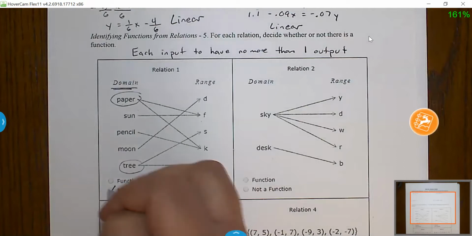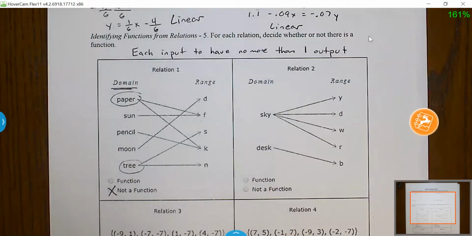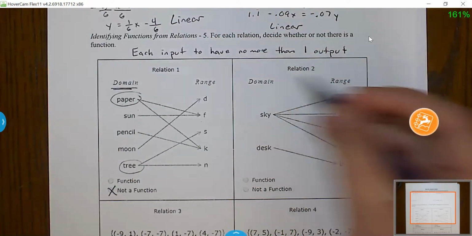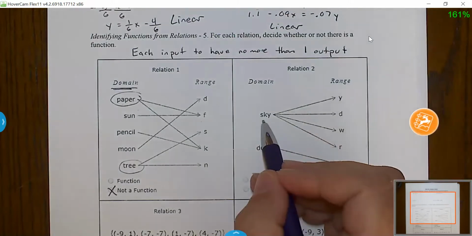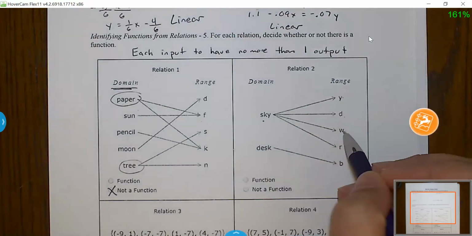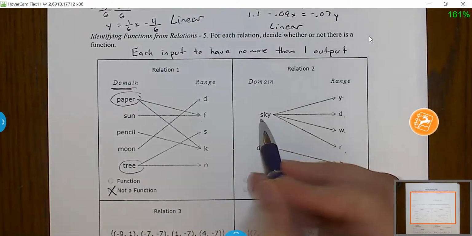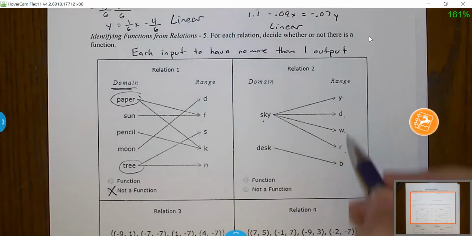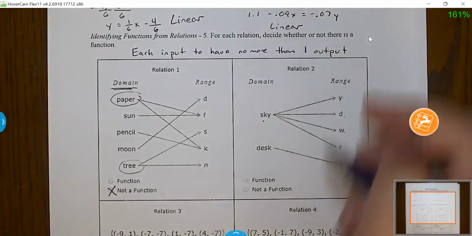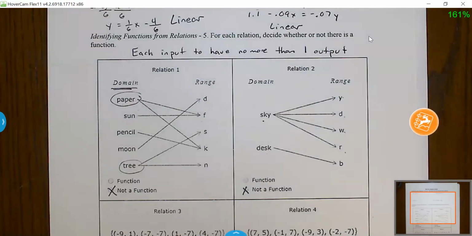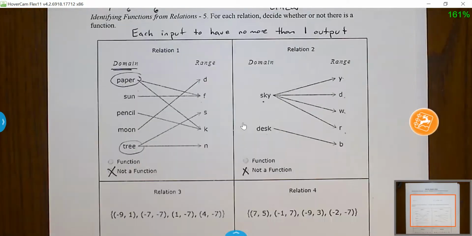That is not a function. Same thing over here with relation to sky outputs to Y, D, W, and R, and desk outputs to B. Because sky outputs to 1, 2, 3, 4 things, it is not a function, right? So not a function.